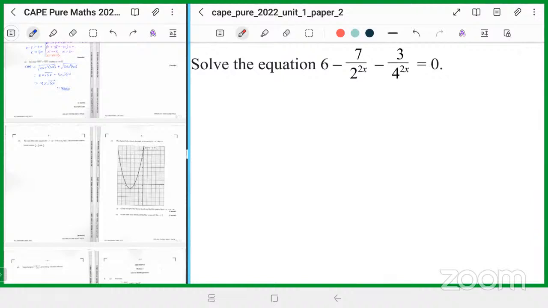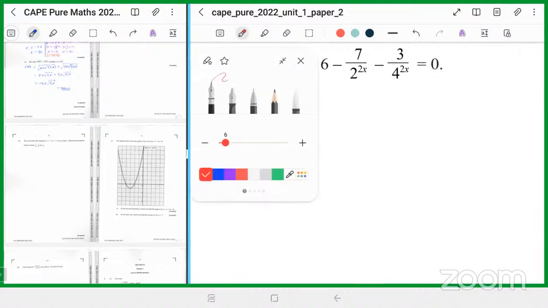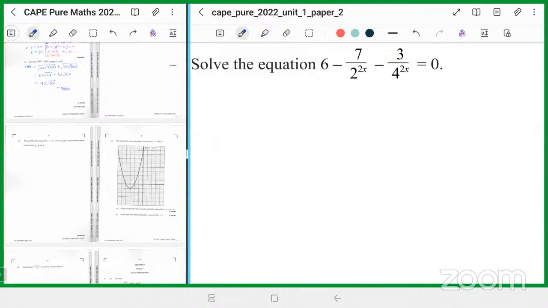All right. So what that means is that these can be brought to base 2. I'm going to write this 4 as 2 squared. That's the first thing. So I'm going to have it written as 6 minus 7 over 2 to the 2x, minus 3 over... if the 4 is 2 squared, let's write what this becomes.